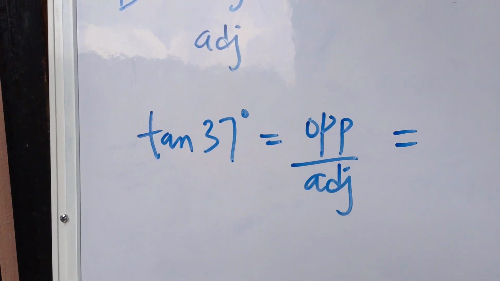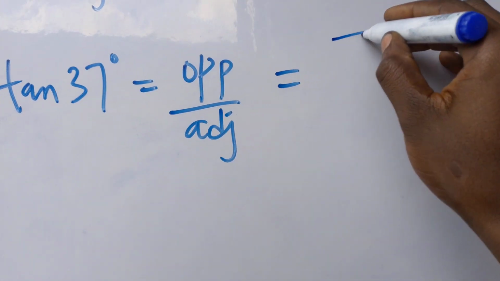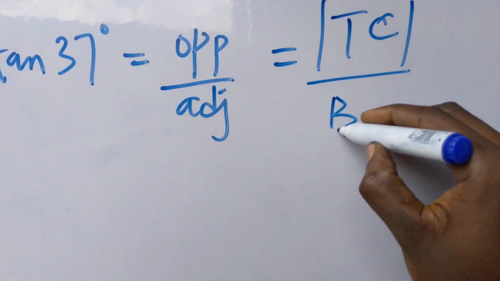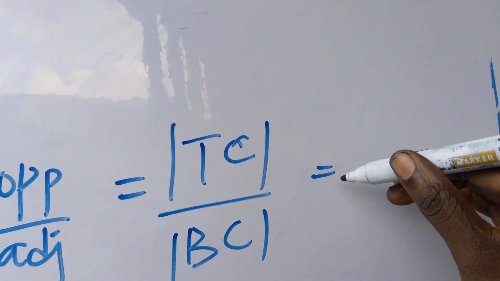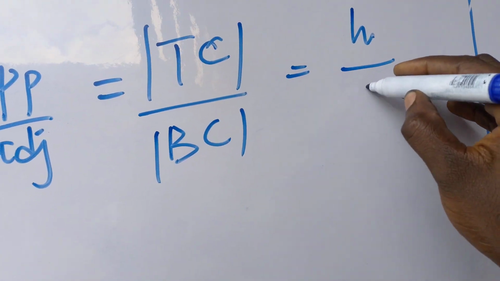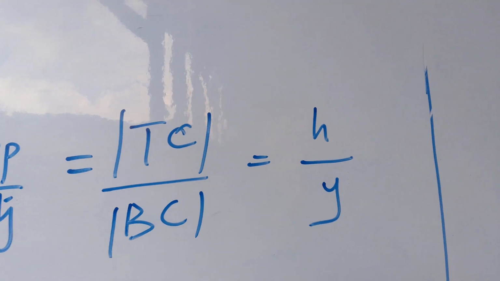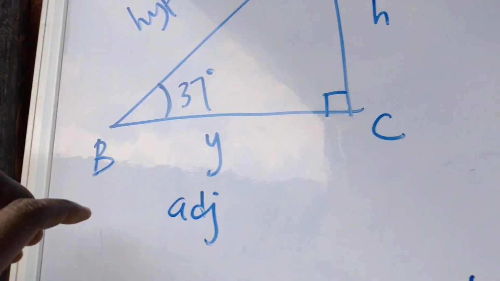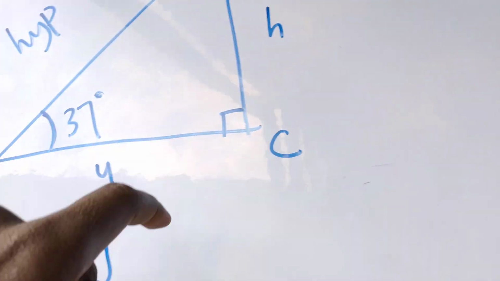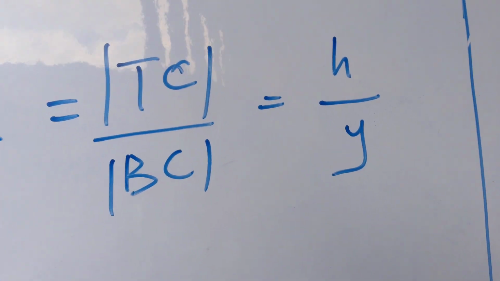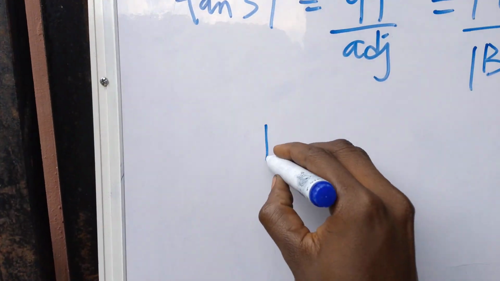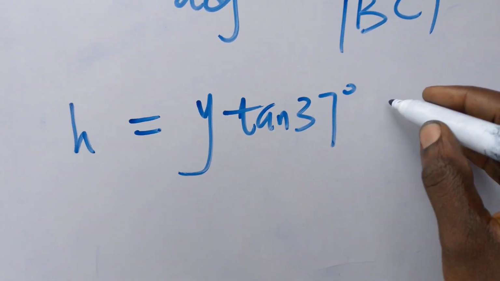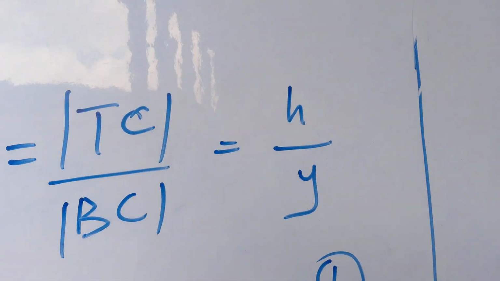My opposite is TC, my adjacent is BC, that is h divided by y. If I cross multiply, h equals y tan 37 degrees, which I can call equation 1. That is h alone.